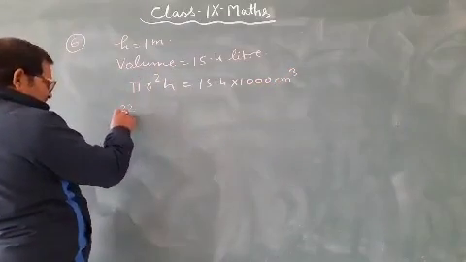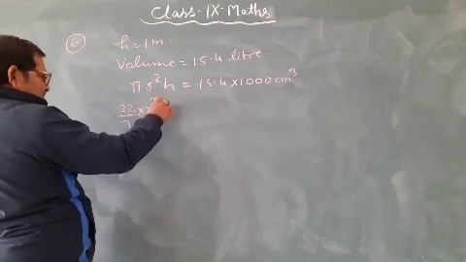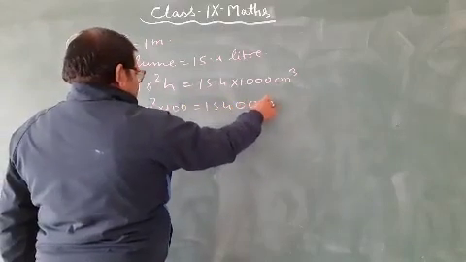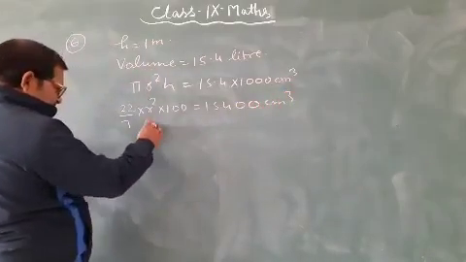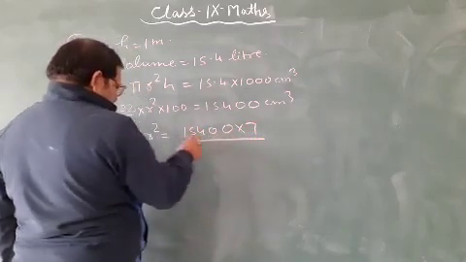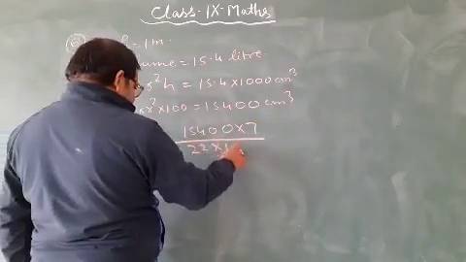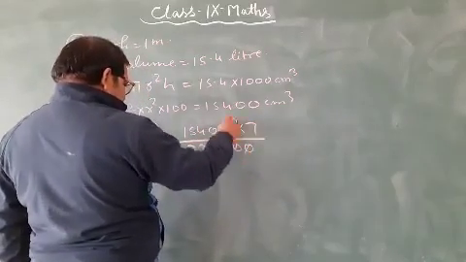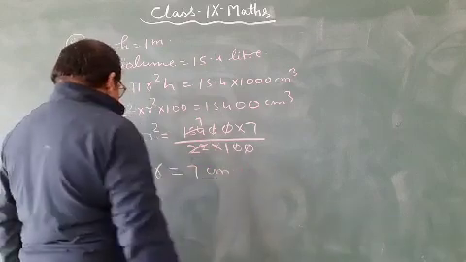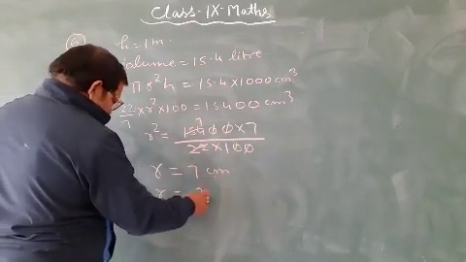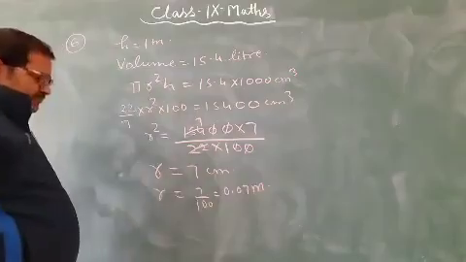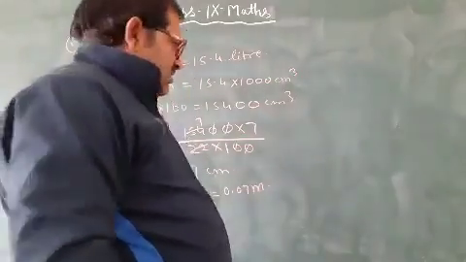So 22/7 into r square into 100 equals 15,400 centimeter cube, and r square is equal to 15,400 into 7 upon 22 into 100, which is 49. So r is equal to 7 centimeter, that is 7 upon 100, 0.07 meter.